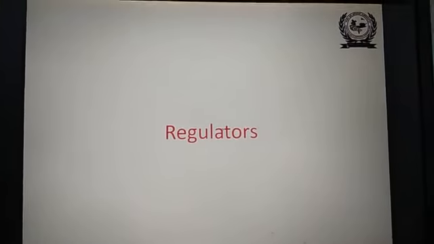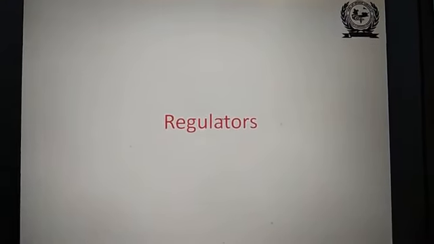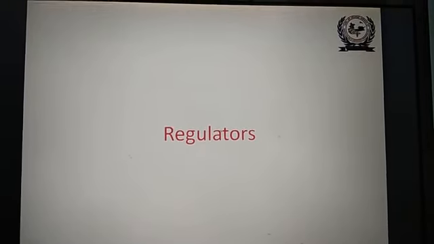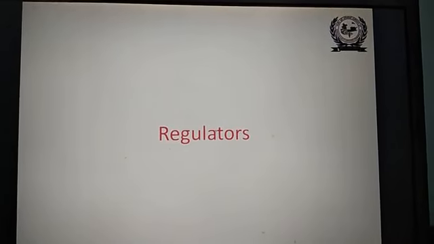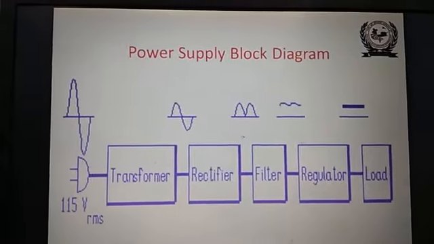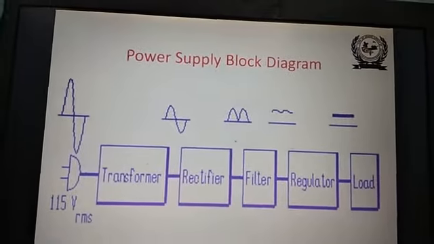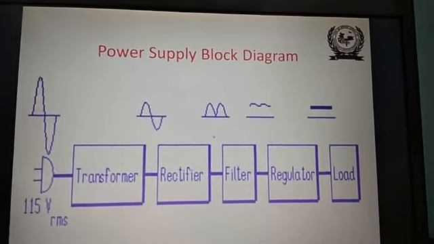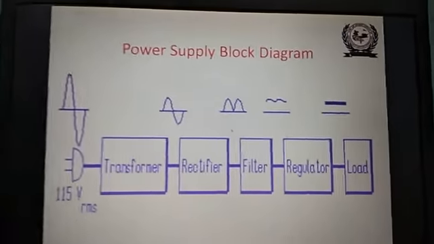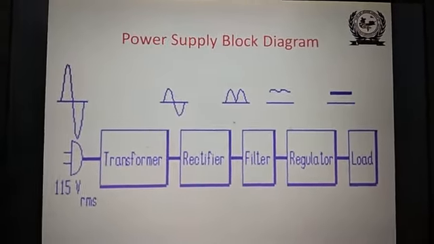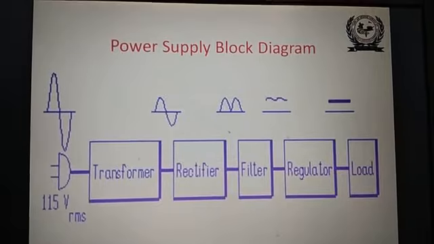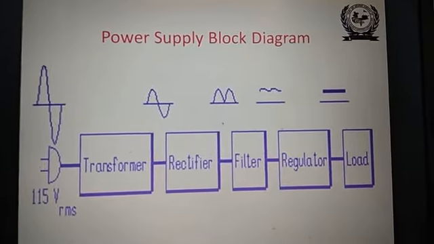What is this regulator? To understand the basics of the regulator, I would like to explain the power supply block diagram. You know very well this power supply block diagram that is used in every power supply.